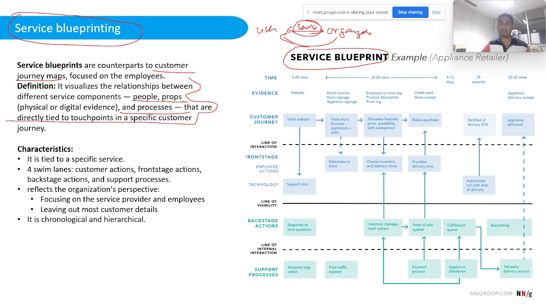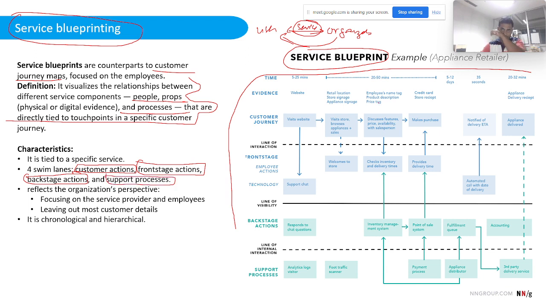That's how we do it in service blueprinting. So it has four sets of information like the others. We have customer actions, front stage actions, backstage actions, and support processes.